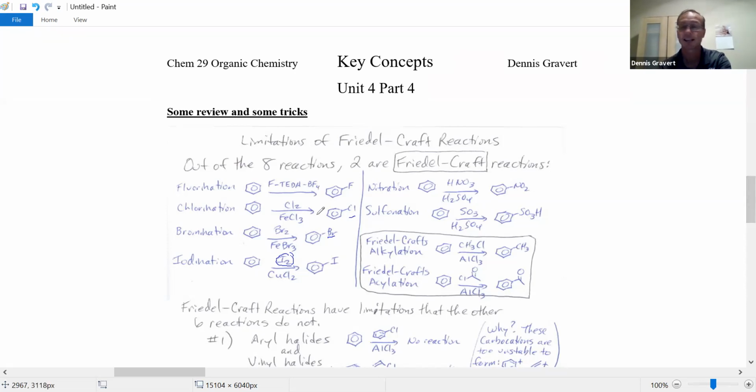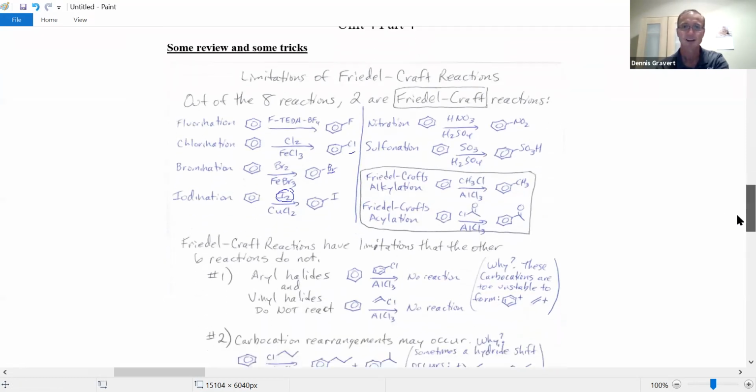So we have these 8 electrophilic aromatic substitution reactions. Of those 8, the most popular for doing organic chemistry, the study of carbon, is to add more carbon. Friedel-Crafts were the more popular reactions of the set. And they unfortunately had some limitations, right?